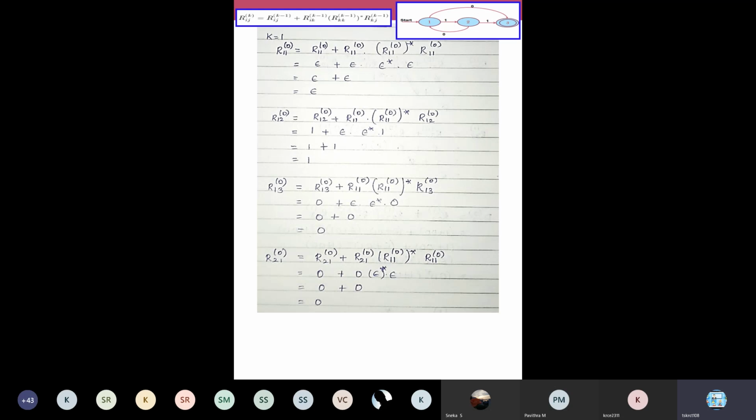So next go to the next term, r22 of 1. You have to find r22 of 1 next.